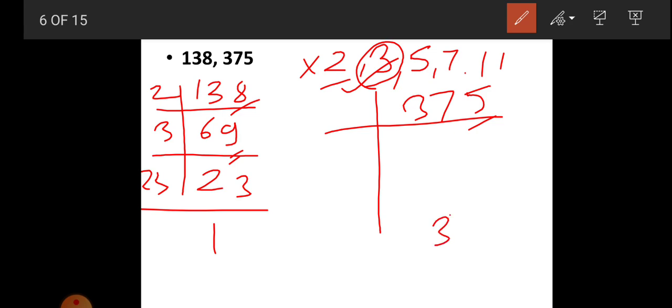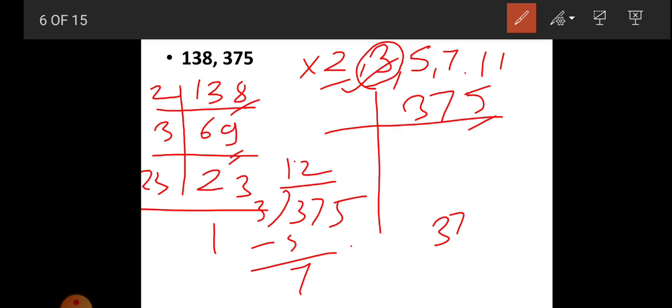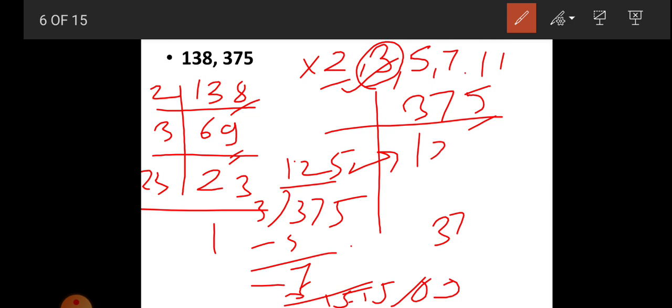So 375 is divided by 3. 3 ones are 3. 3 twos are 6. And 3 fives are 15. Okay. So 125 we write here. And 3 prime factors. Right hand side we will write all quotient and divisor we will write left hand side.